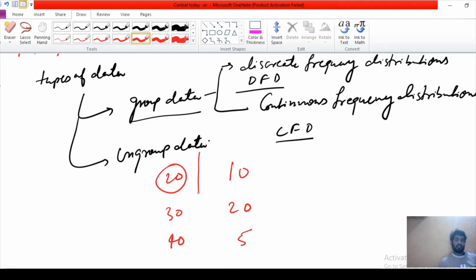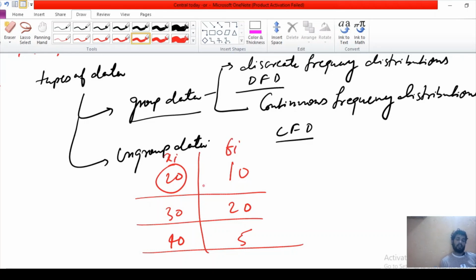So we can write in this form, and this is our data xi, and this one is fi. You will see in coming problems, for more clarity. So this is our discrete frequency distribution.